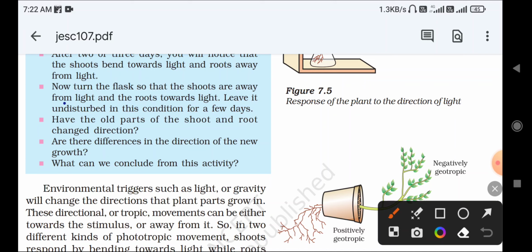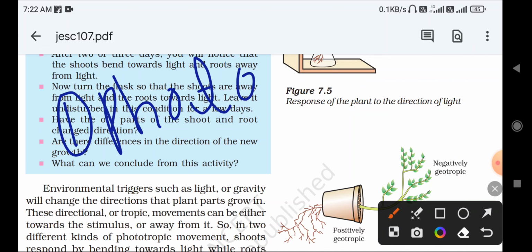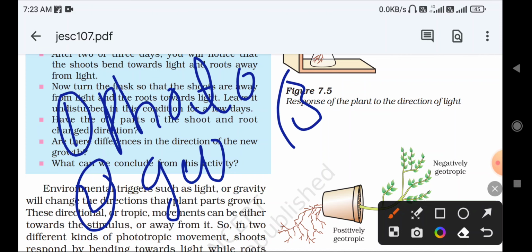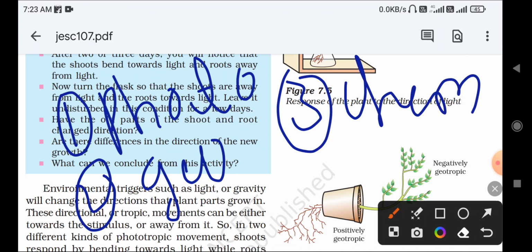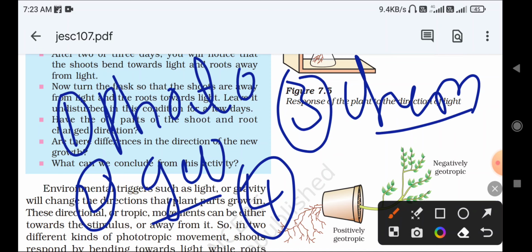You can write phototropism, geotropism, chemotropism, and the fourth one is hydrotropism.